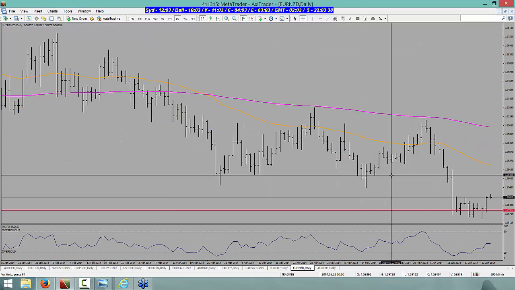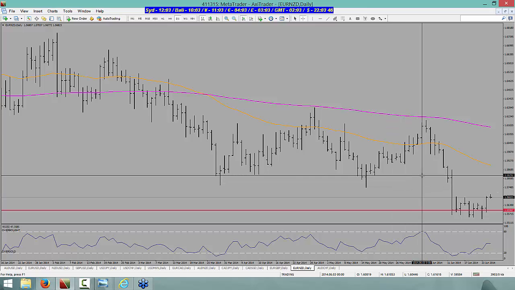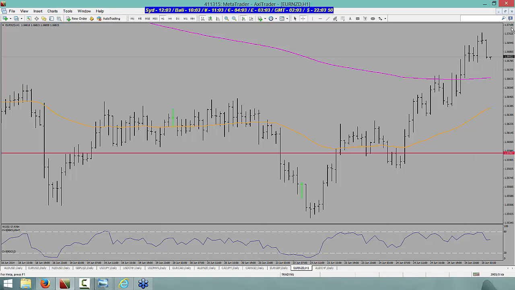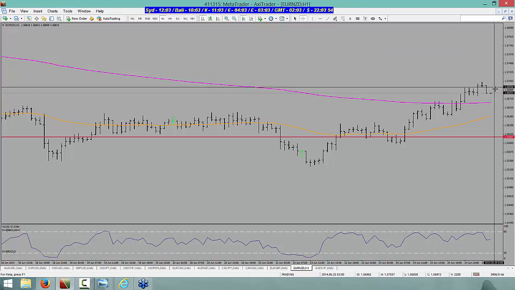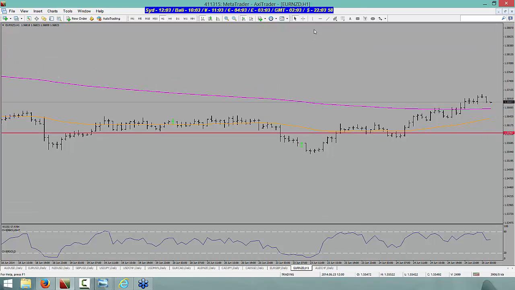I'd be targeting around this 158.30 area, or potentially even 157.53, but I'm hoping to get about 158.30. If that's the case, how far are we now away from 158.30? We're trading 156.80, so about 150 pips away.